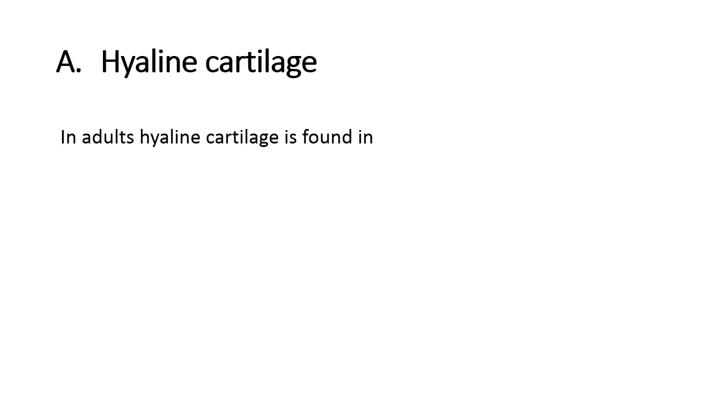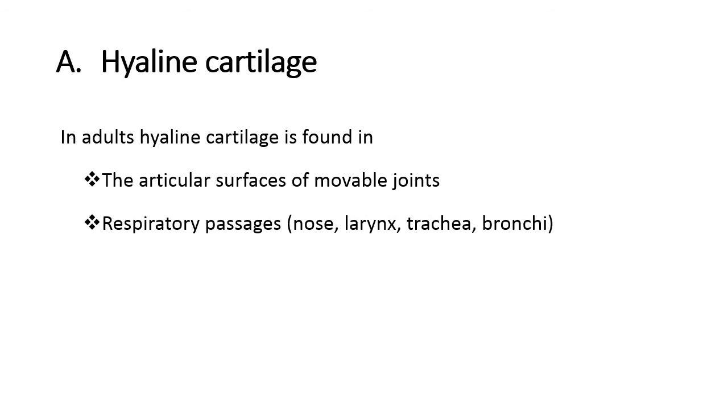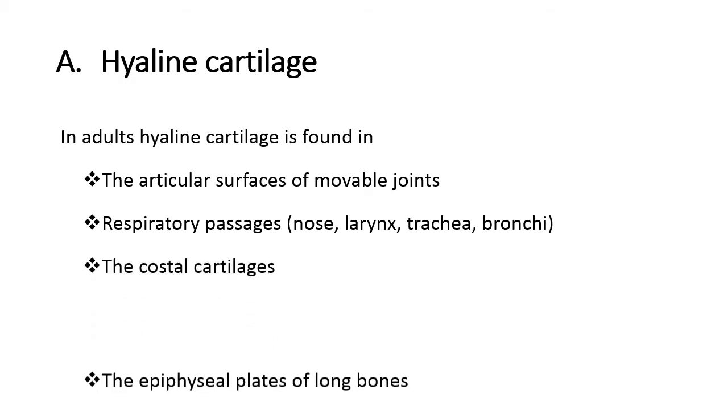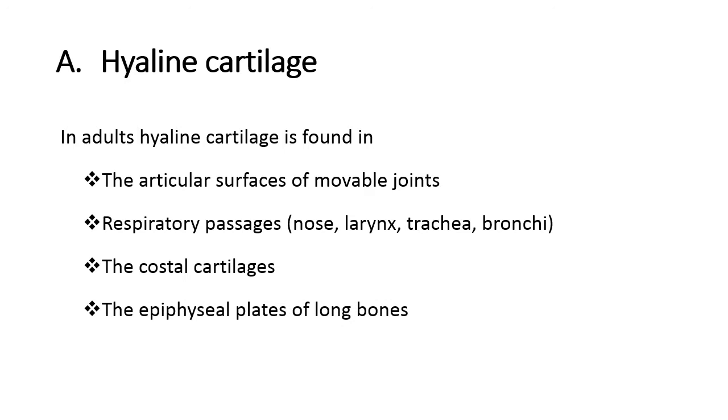In adults, hyaline cartilage is found in the following: the articular surfaces of movable joints, and in the respiratory passages in the nose, larynx, trachea, and bronchi, in the costal cartilages, and in the epiphyseal plates of long bones.